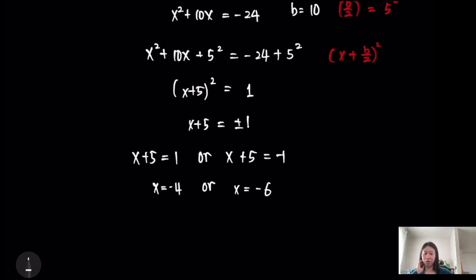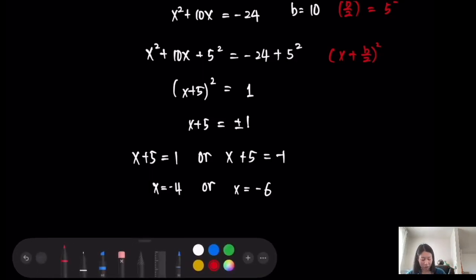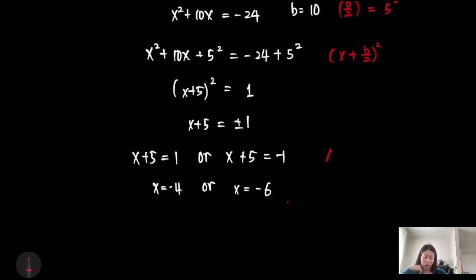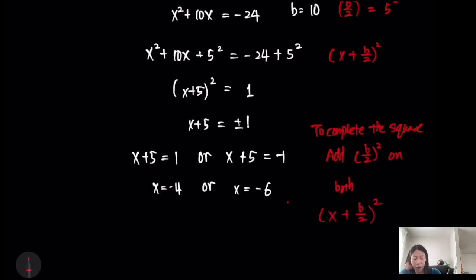Okay, so it's very important, let me recap this, that you want to add half b squared on both sides to complete the square, and then your equation will become x plus b over 2, squared.